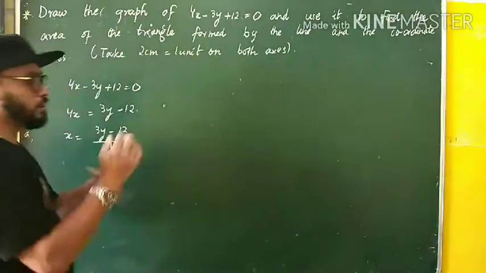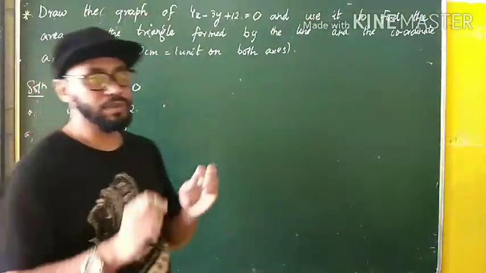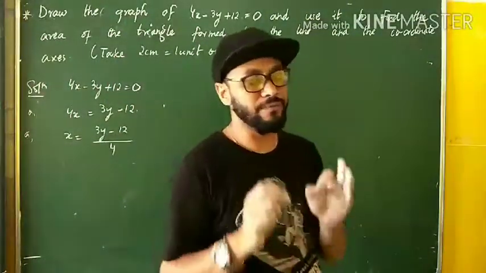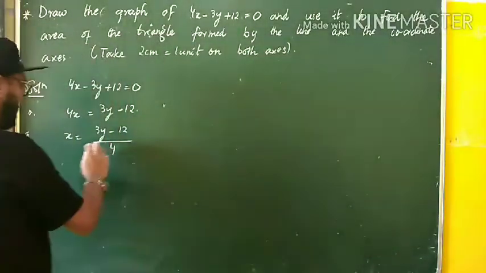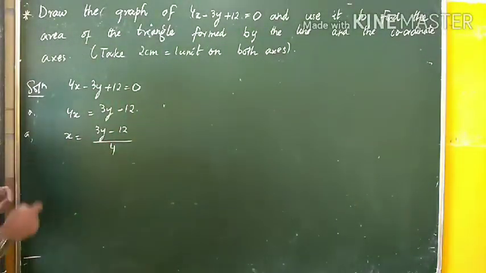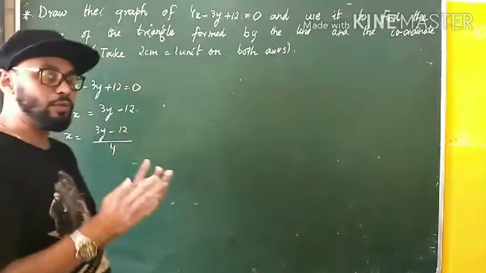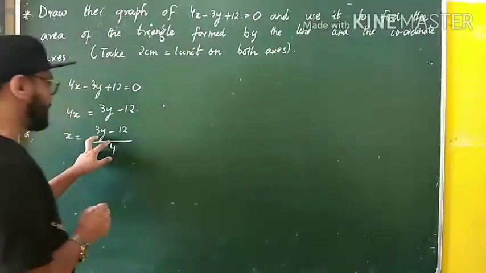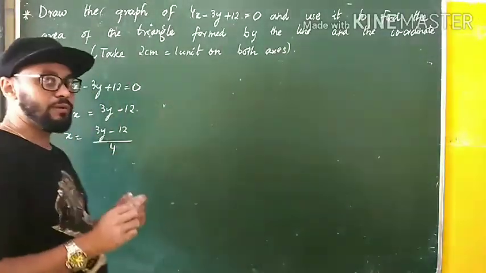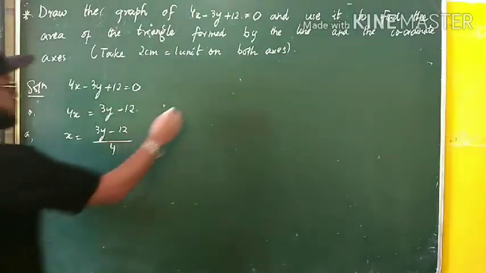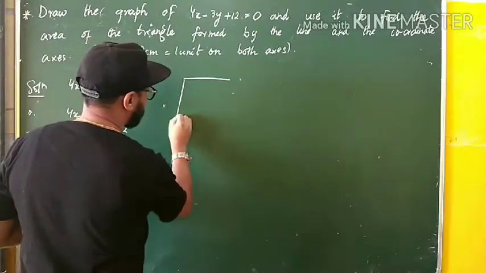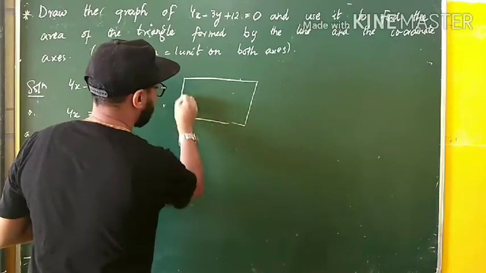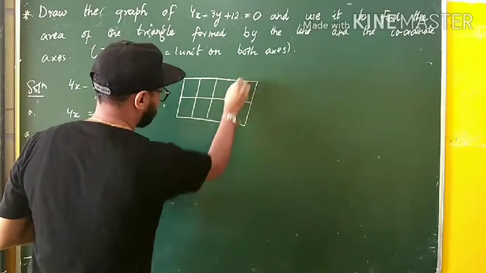Now we have to check it on the rough, okay, because in board exams the rough work is very, very important, and then we'll find out which value of y will satisfy this, so that we won't get a decimal value. Okay, so let's make the table. So what are the values that we'll take?